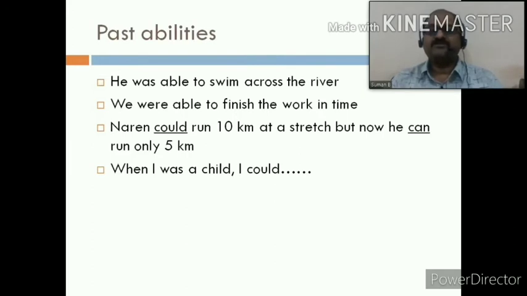Could is used as a past form of can when we talk about abilities. So when we say I can, he can, Naren can, we are referring to present abilities. Whereas when we use the could form, we are referring to the past. So Naren could run 10 kilometers at a stretch when he was young. So maybe he's old now, so now he can only run 5 kilometers, his ability has diminished.